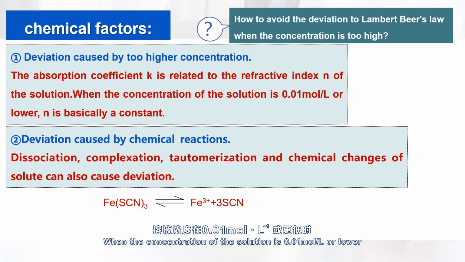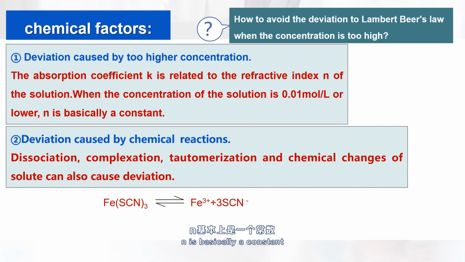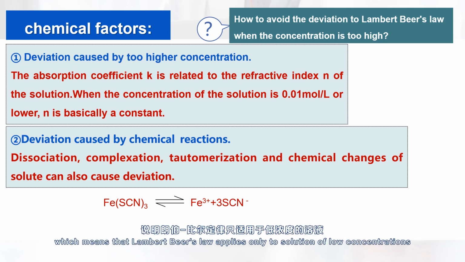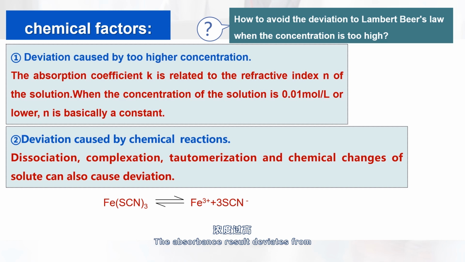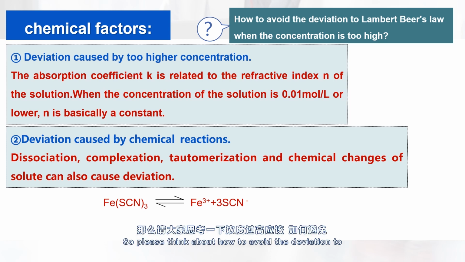When the concentration of the solution is 0.01 mol per liter or lower, N is basically a constant, which means that Lambert-Beer's law applies only to solution of low concentrations. The absorbance result deviates from Lambert-Beer's law when solution concentration is too high. So please think about how to avoid the deviation to Lambert-Beer's law when concentration is too high.